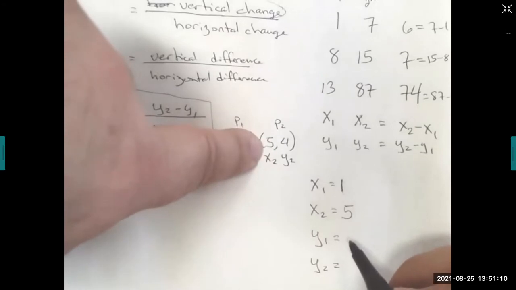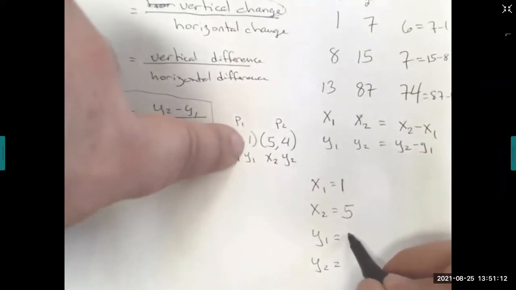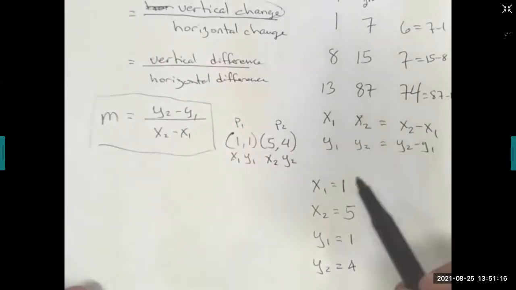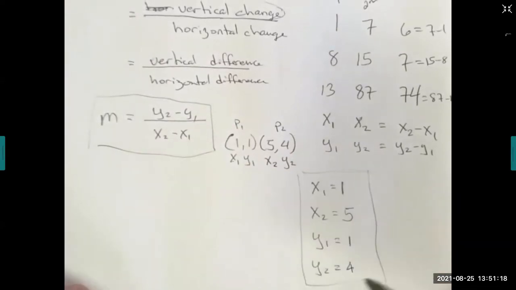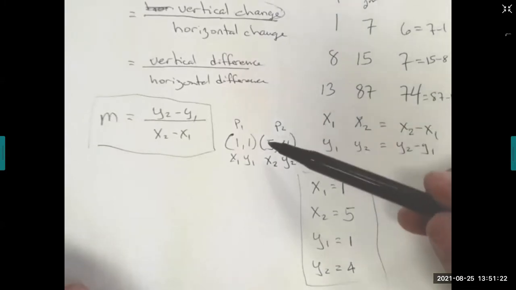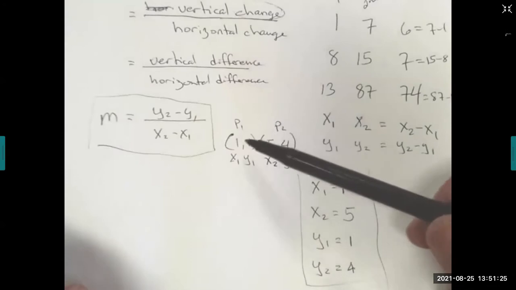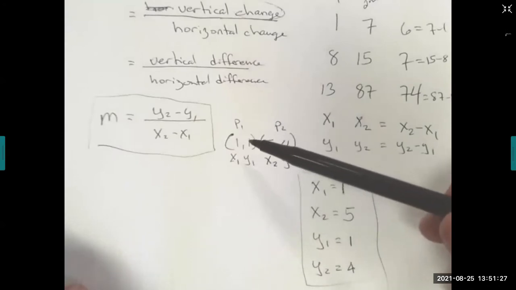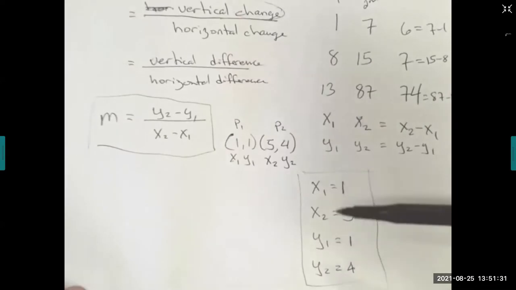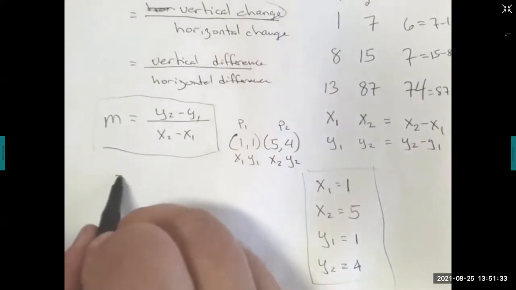That's 5. y1 is 1 and y2, 4. Once you define these, the hard part's over. The most errors occur when students transfer these numbers into these variables. So take it very slowly, label them. Now just plug and play.